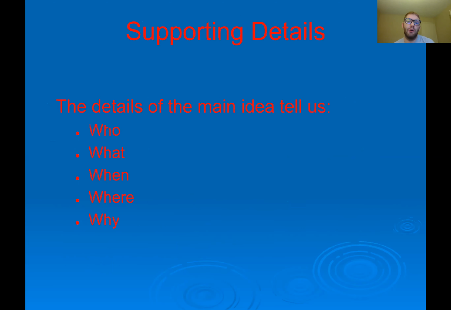Your supporting details should provide the who, what, when, where, why, and alternatively how of your story. So you need to tell me, okay, who was involved, what happened, when did it take place, where did it take place, why did it happen, and again, if you want to go the extra level, how did it happen?